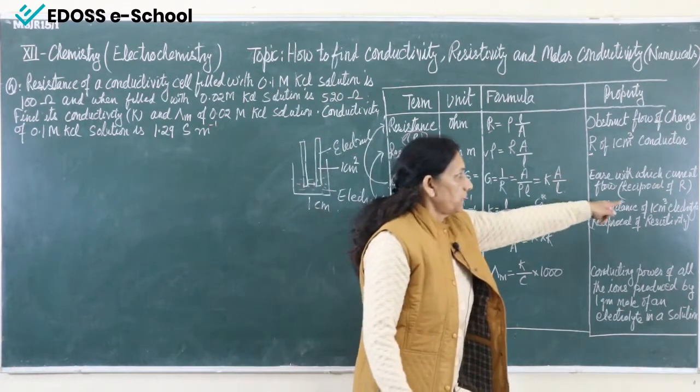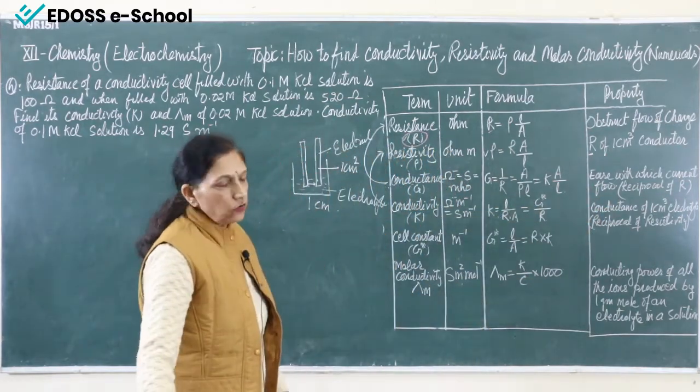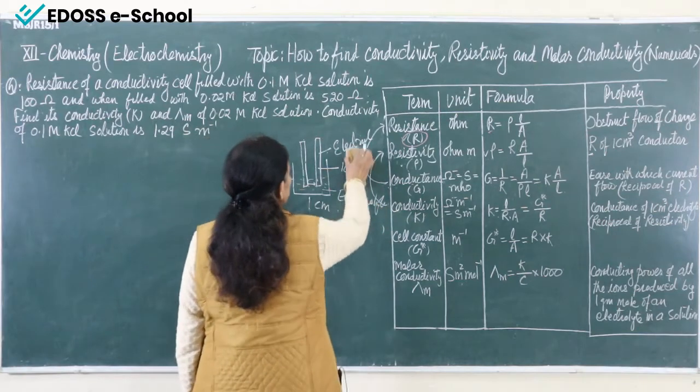So the conductance of 1 centimeter cube of electrolyte means the reciprocal of resistivity.